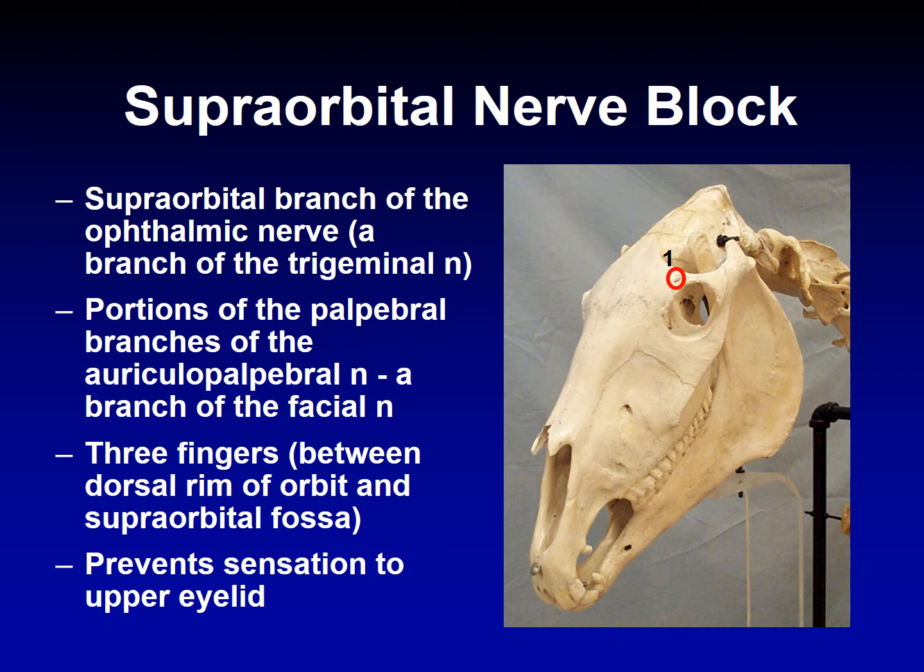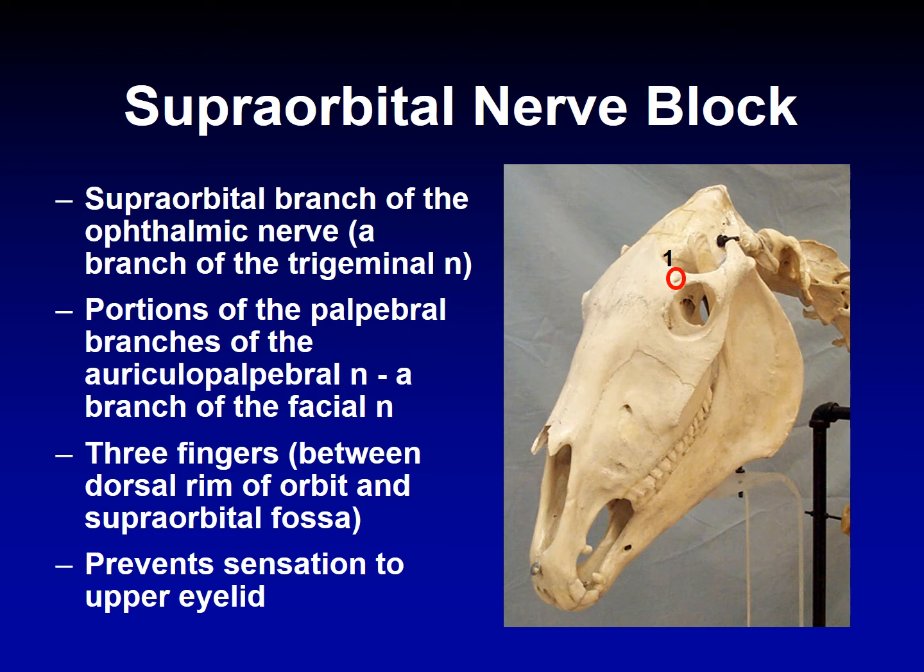We use a three-finger method between the dorsal rim of the orbit and the supraorbital fossa, and I'll show you how to do that.